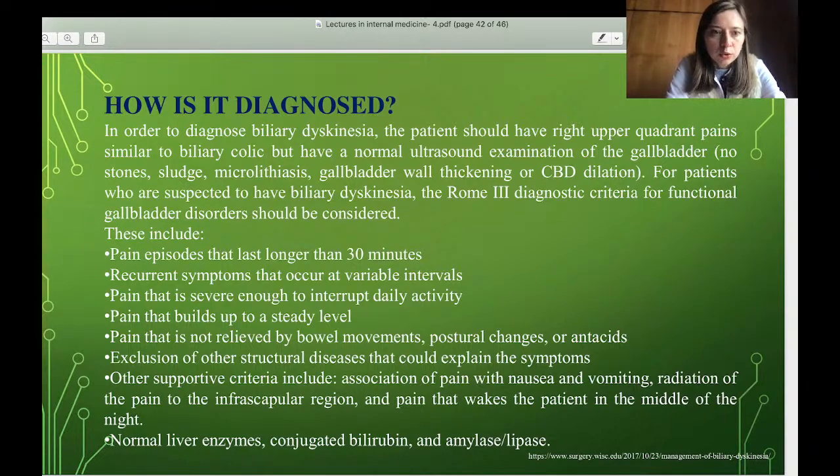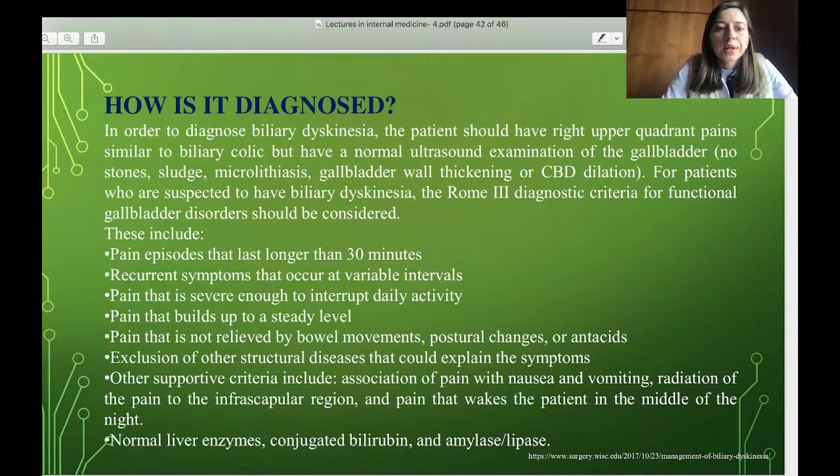These include pain episodes that last longer than 30 minutes, recurrent symptoms that occur at variable intervals, pain that is severe enough to interrupt daily activity, pain that builds up to a steady level, pain that is not relieved by bowel movements, postural change, or antacids, and exclusion of other structural diseases that could explain these symptoms.